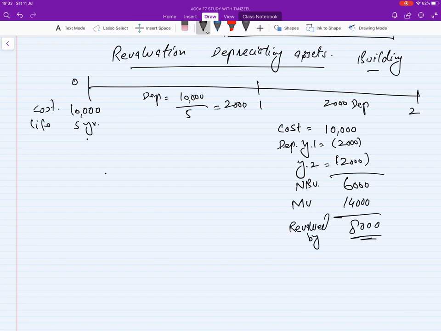How will we calculate this? So you can say the NBV, net book value, was 6,000, but when you go to the market, you assess this, and the market value for this building, they told you that market value was 14,000. It means you have a gain of 8,000. In this case, how we will maintain this, I will tell you.